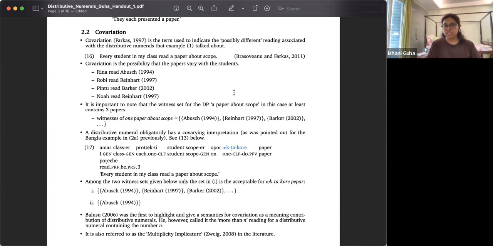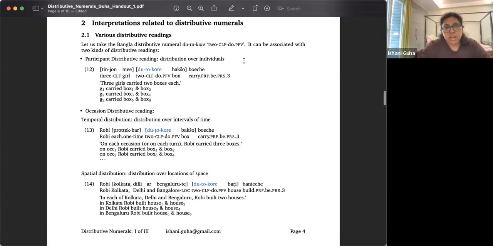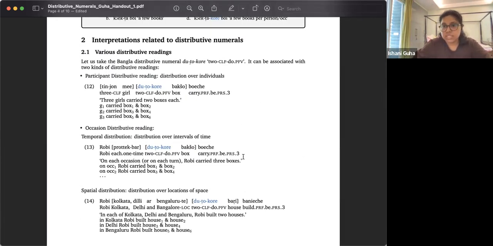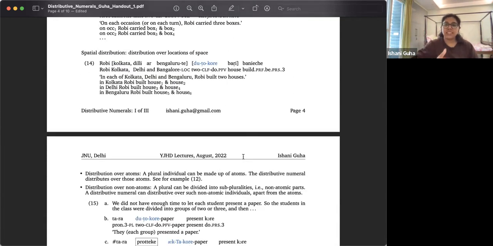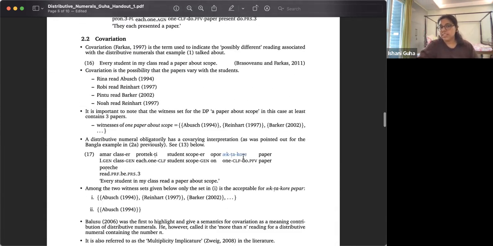So I'll mention little bits and pieces of the syntax and the semantics of distributive numerals that contribute to the analysis. For example, the various distributive readings form a major chunk of the analysis. The second important part is covariation.